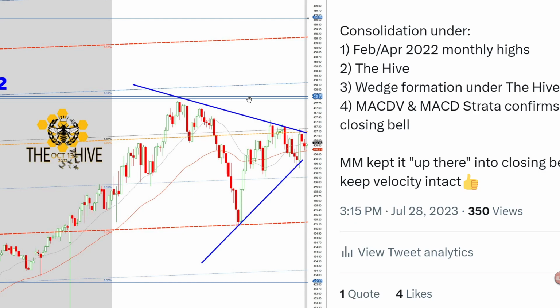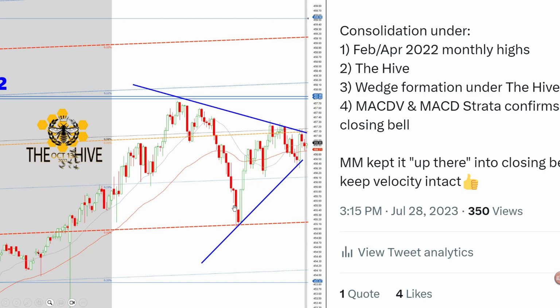Consolidation through the line. Let's pretend the hive was not here, but it is more like right through the middle of this wedge. Right through the middle of it. That's not good. That's bearish. So, through it is bearish, usually over it. I don't see that very often.